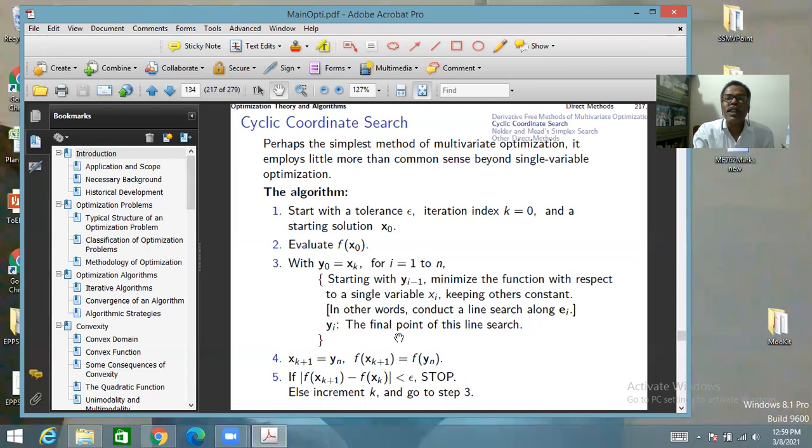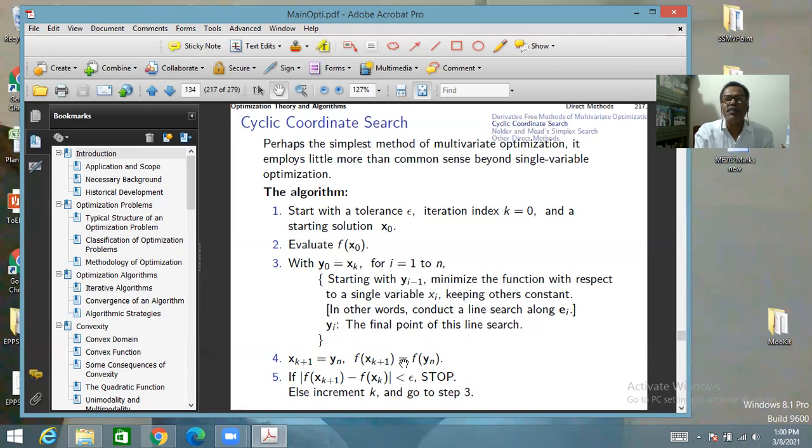Like this, you conduct n line searches. Each time you conduct the line search along one of the coordinate directions, keeping all the other coordinates constant. So after all these n line searches, you arrive somewhere that is yn, and now that you get as the next iterate. If you started from x0, so this yn, after n line searches, wherever you reach, that point becomes x1.